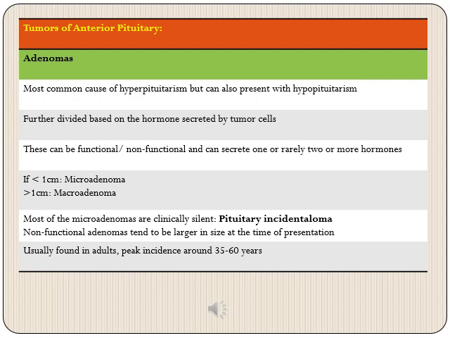Then there is a somewhat arbitrary cutoff limit of 1 centimeter.